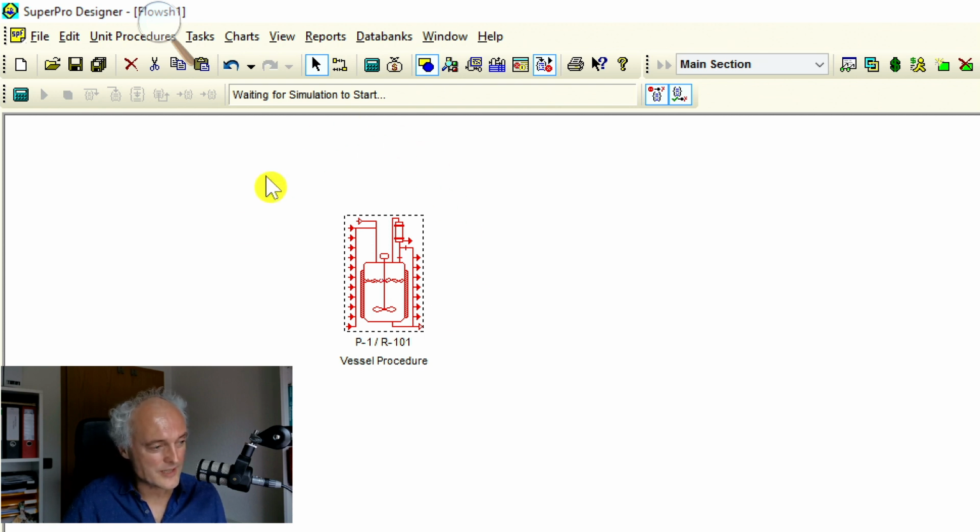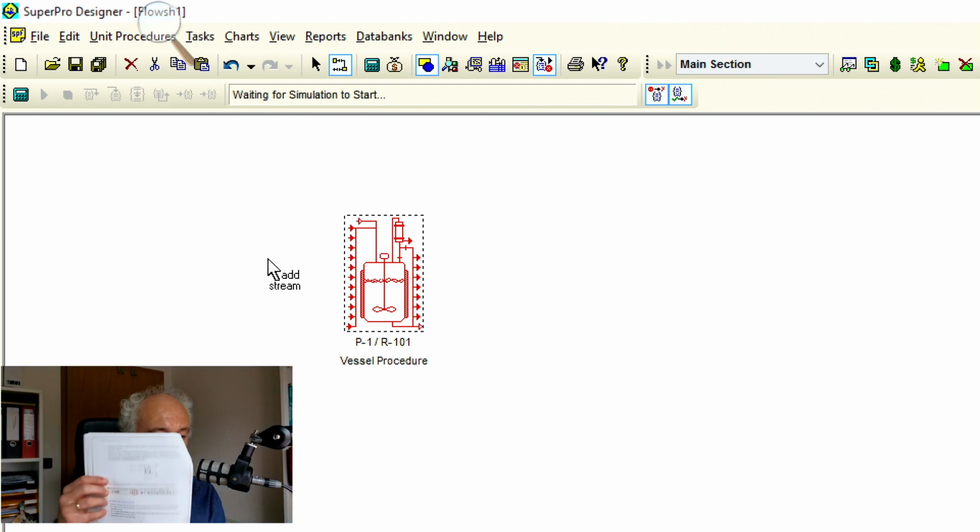So we have our reactor, and this is now important. You will see later on that in SuperPro, it's not just a picture, but there is something happening, and this is what I want to show you now. So what we do now is we add streams. We go to this tool here and add streams. As you've seen on your picture, on your example, it should look like this.